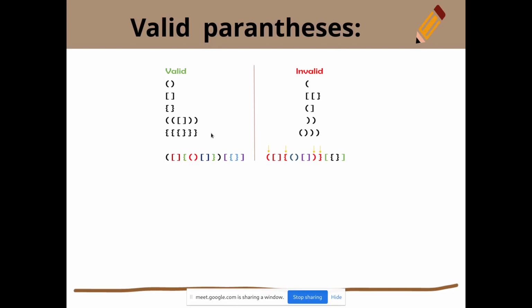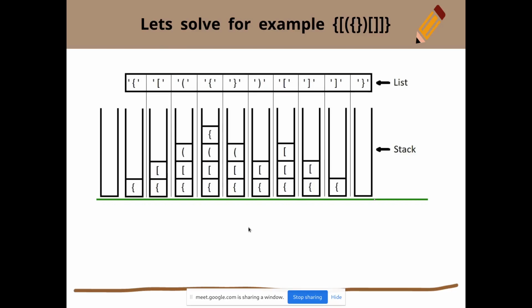Yes. So for this type of problem, where we have to check whether the brackets are balanced or not, what we do is use a stack data structure. Suppose we consider this example, where all three types of brackets are present, and the brackets are valid.